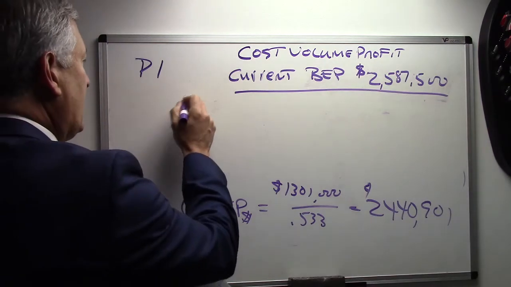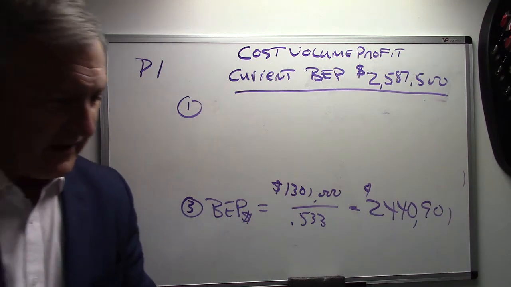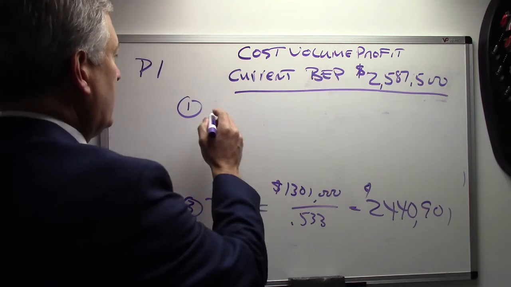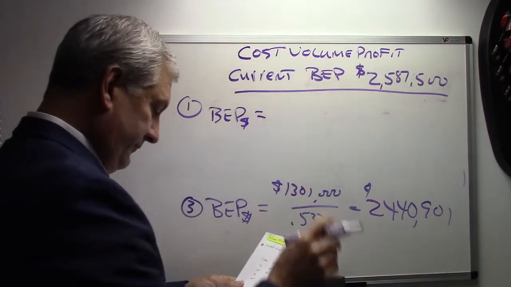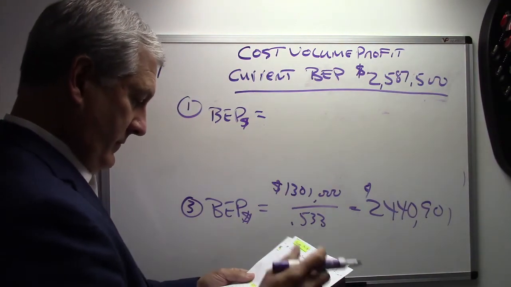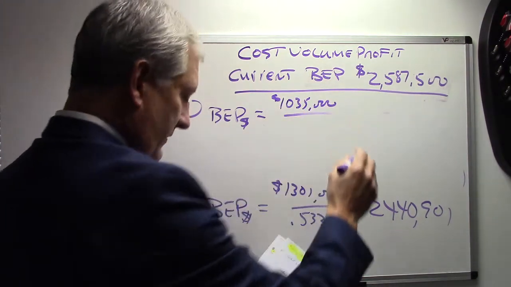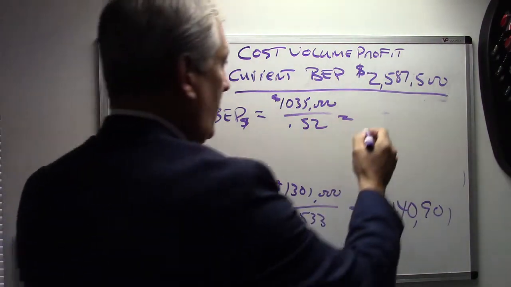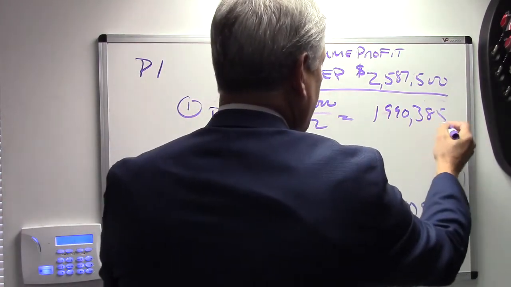Let's go back. Let's look at 1. We previously calculated them, but let's reiterate them very quickly. Number 1 was BEP in sales dollars equals 1,035 fixed cost divided by 0.52. That number was 1,990,385.